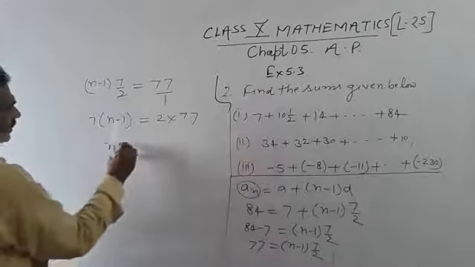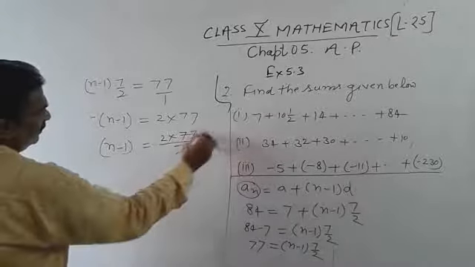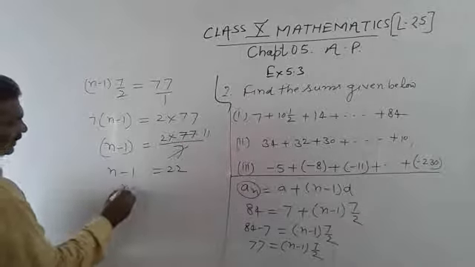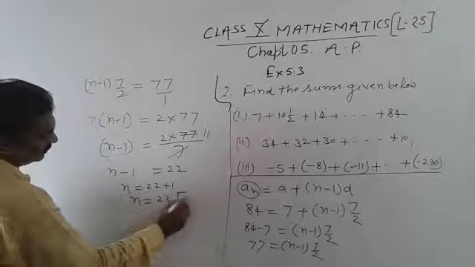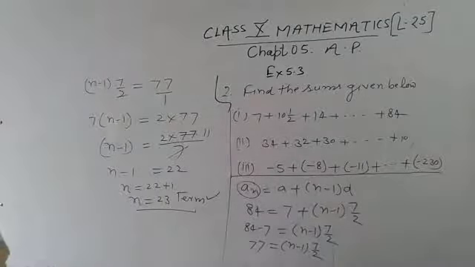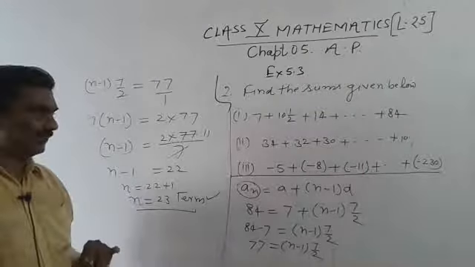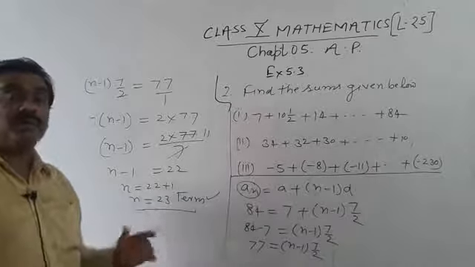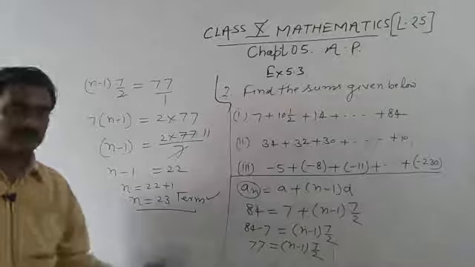Therefore n minus 1 is equal to 2 multiplied by 77/7. 77 divided by 7 is 11, 2 times 11 is 22. Therefore n minus 1 is 22, or n is equal to 22 plus 1, that is 23 terms. So here students, we have found 23 as the value of n. Now after finding the value of n, we will find the sum of 23 terms. Okay students, so write the solution.